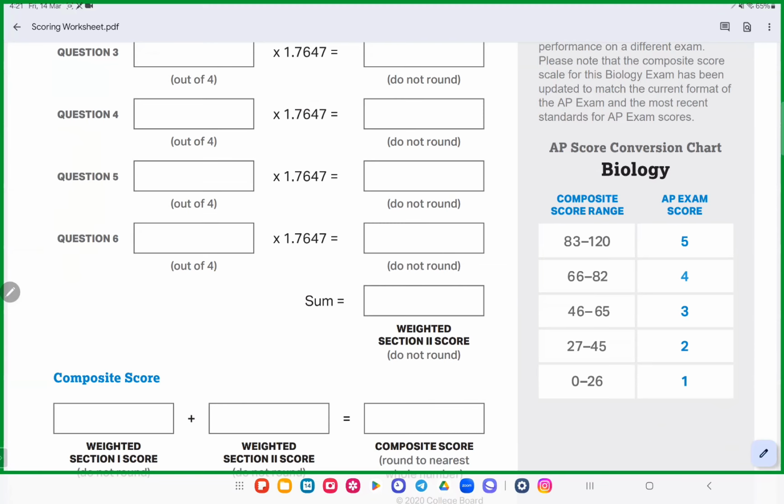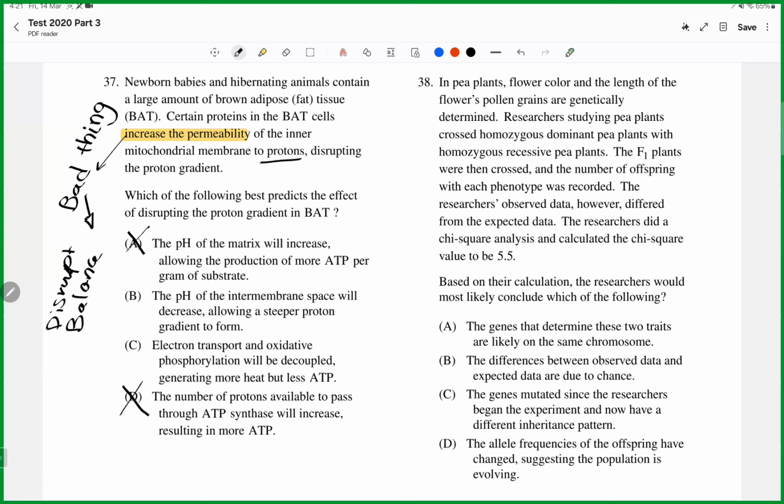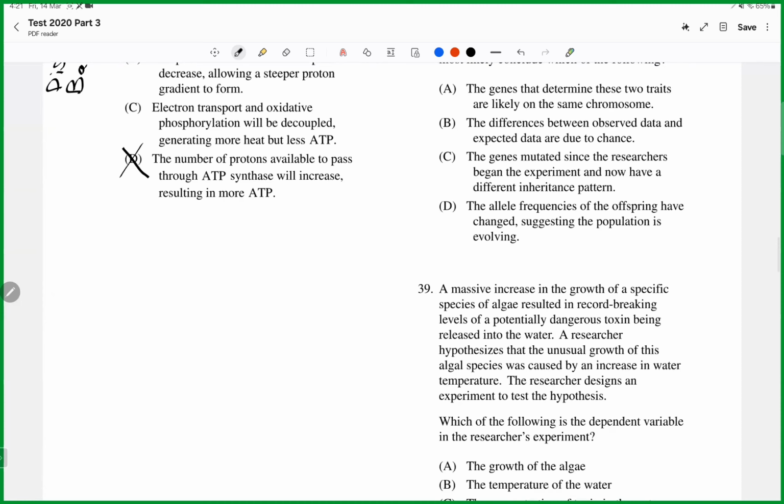Okay. So let's go back and check out why B was wrong in the first place. Oh, I understand why. Guys, look. This is the inner mitochondrial membrane, and this is the outer one. You see, I drew the inner one to be folded.